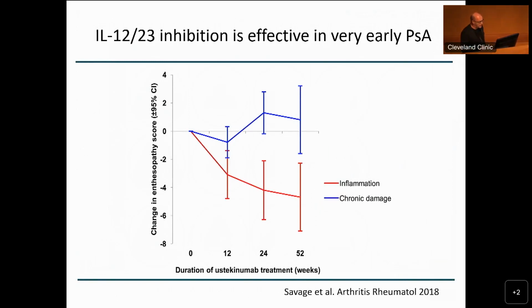And this is also shown by the Leeds group, for instance, with ustekinumab, that patients with psoriasis having enthesial lesions in the ultrasound, these enthesial lesions go down over time with treatment, whereas the chronic damage, of course, is the same. So this indicates very importantly that early treatment is crucial.